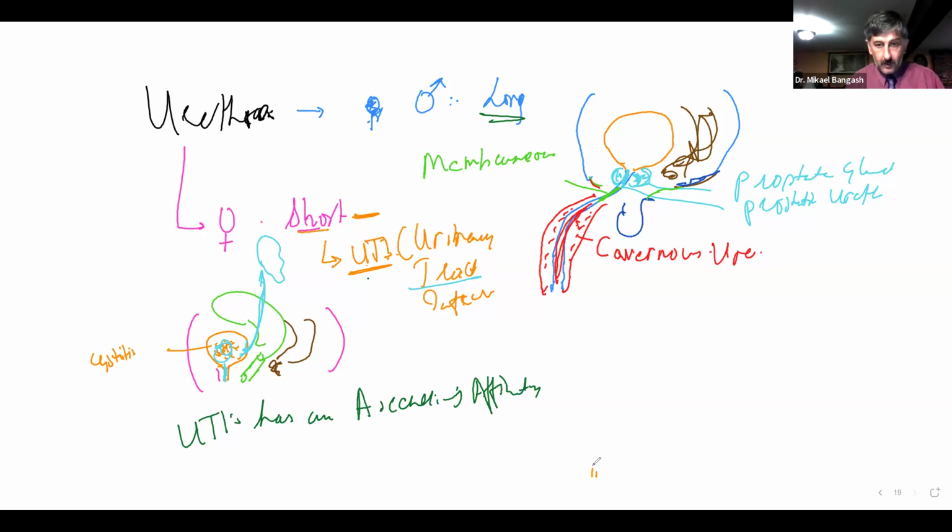That people may start off with an infection of the bladder, or bladder infection, which is a common area for UTIs to develop. But they have this ability of ascending. So it can actually go from the bladder through the ureters to the kidneys.